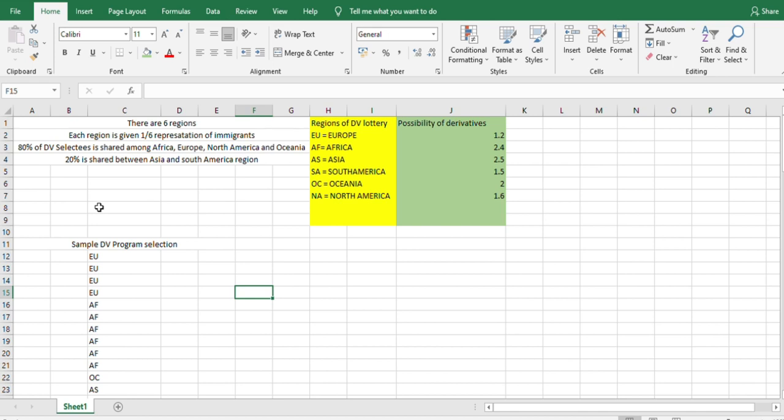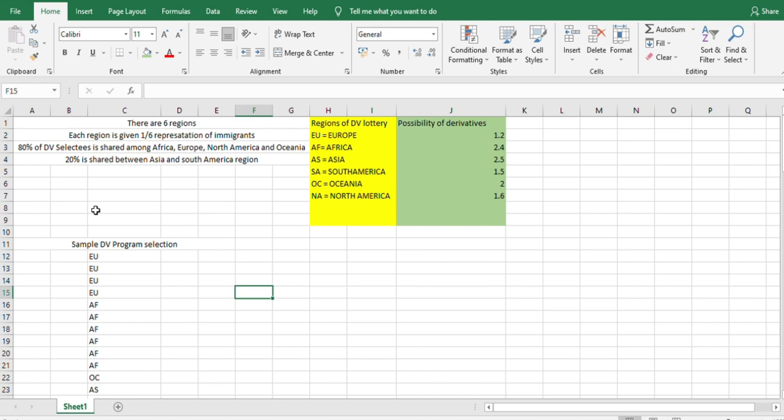For example, from the past 5 years data, if a region has a total representation of the total immigrants above 1/6, then that region will be called a high admission region.